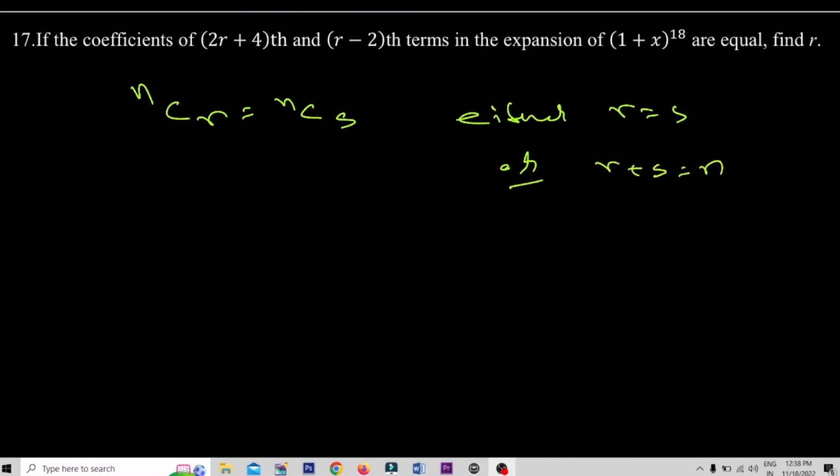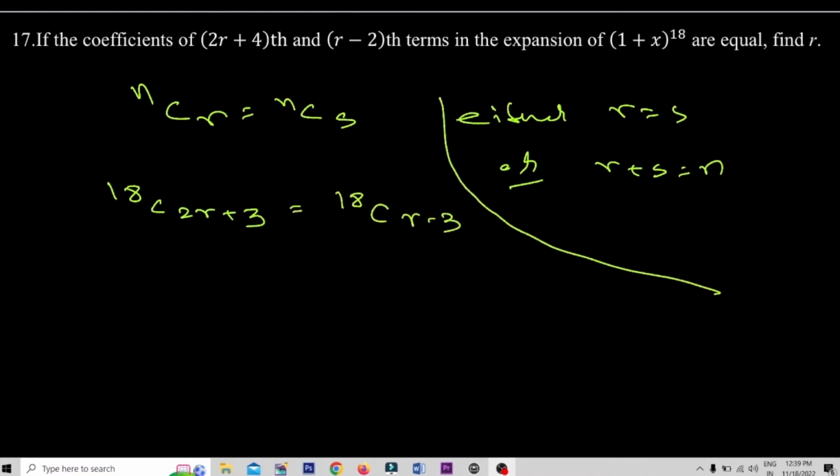Now if we apply here in this case, 18C(2r plus 3), because (2r plus 4) is T(2r plus 3 plus 1), so 18C(2r plus 3) equal to 18C(r minus 3). So we can write 2r plus 3 equal to r minus 3, or r plus s equal to n.